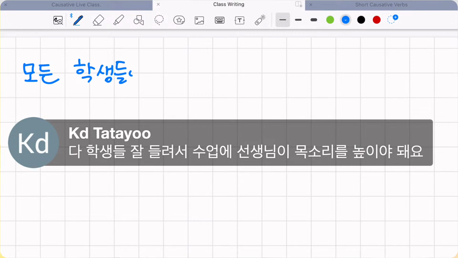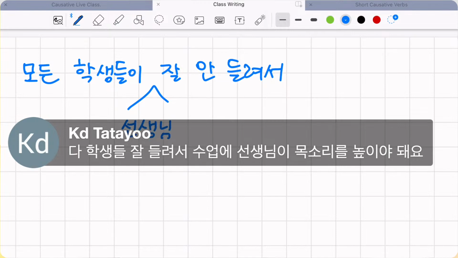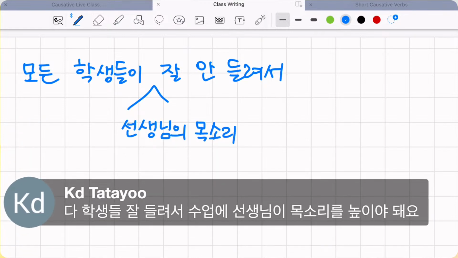모든 학생들이 잘 안 들려서 or to be more precise, 선생님의 목소리가 잘 안 들려서 선생님의 목소리가 the teacher's voice 목소리가 잘 안 들려서 they can't hear the teacher's voice very well. So 선생님께서 선생님이 목소리를 높여야 돼요.